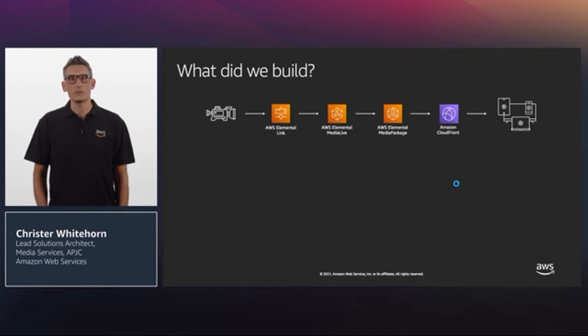So to confirm what we just built, I have my camera filming Lewis, my sleeping dog, on the output of which I'm feeding Elemental Link. Link is then creating a single, high-quality stream and presenting that as an input to MediaLive. I chose to create 4 different video renditions or qualities, ranging from full high definition to a lower quality standard definition one.